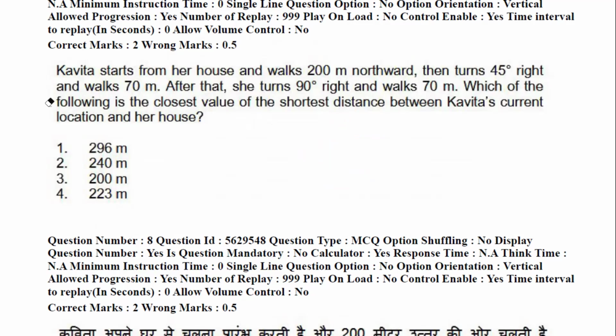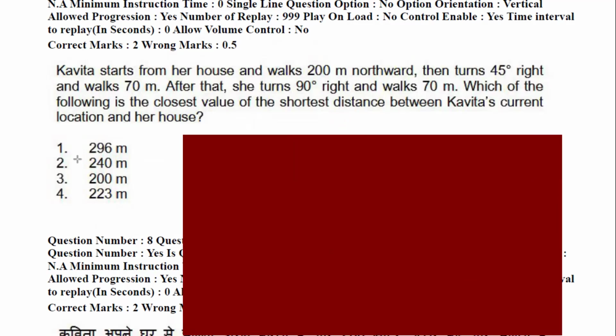Let me use a separate space. This is better, it's a different color. So this is her house, and she goes 200 meters north.